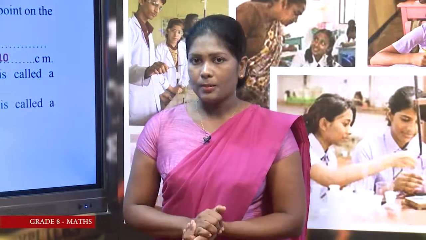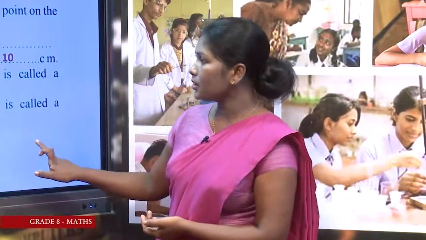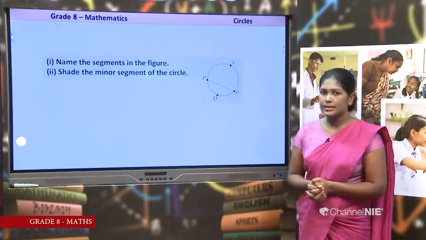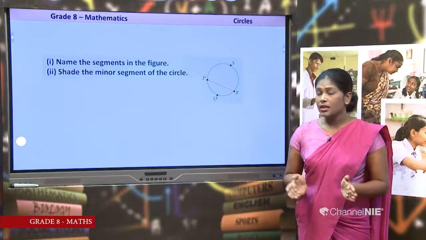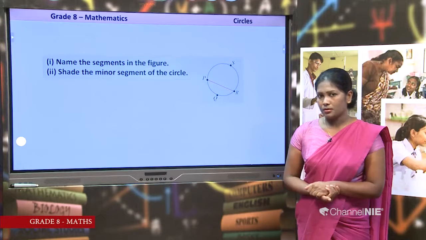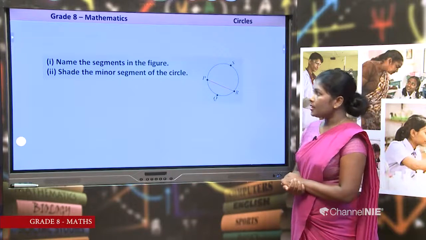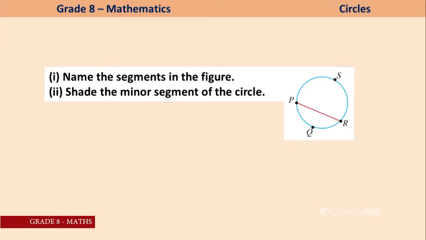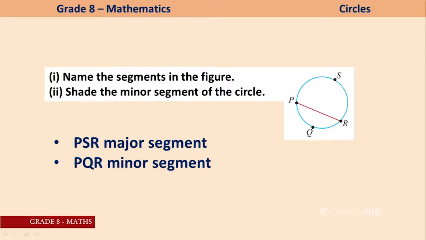Now, we discuss about the third question of this exercise. Read the third question. Look at that. Name the segments in the figure. Second question, shade the minor segment of the circle. So, name the segments. Segments means bounded by chord and arc.